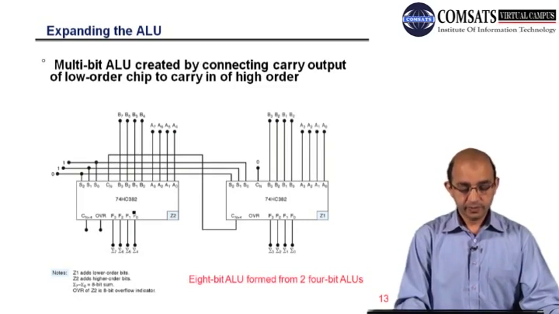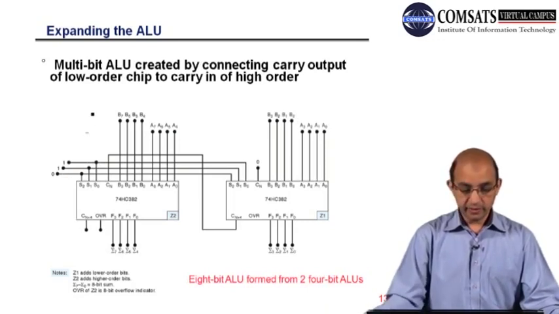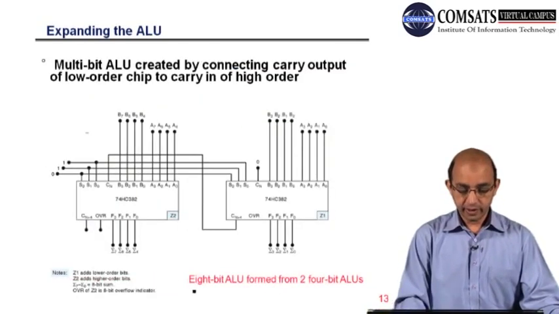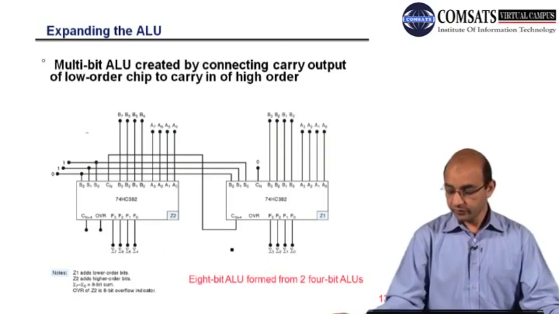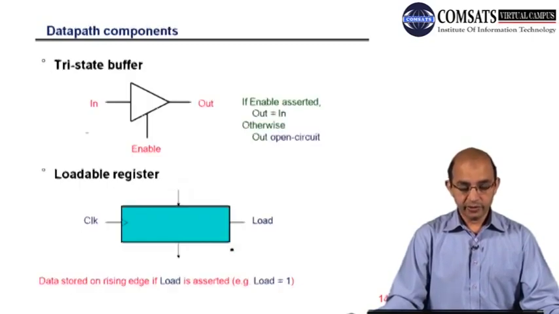And these are the switches, and they are connected. You can have an idea why they are connected like this. So here you can see we have extended the ALU, so it can handle 8 bits now. What we have done is cascaded, or connected, two 4-bit ALUs.